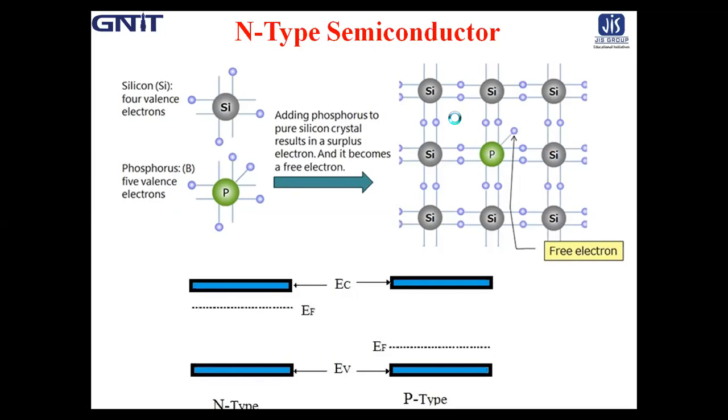The remaining 5th electron is weakly bound to the impurity atom. This is the remaining free electron, which can easily be detached or ionized by thermal excitation at ordinary temperature, and can be free in the conduction band as an extra conduction electron.